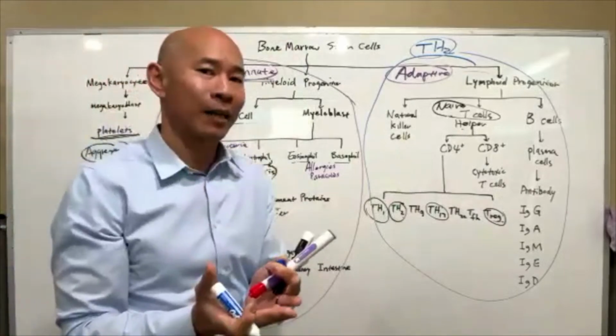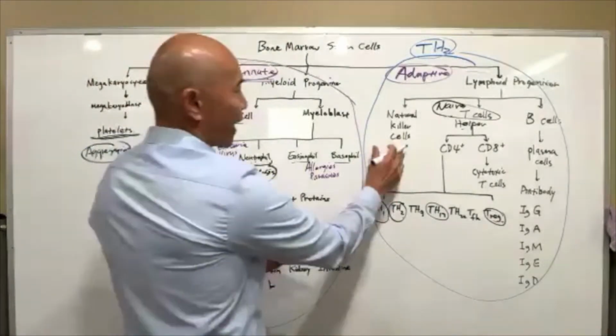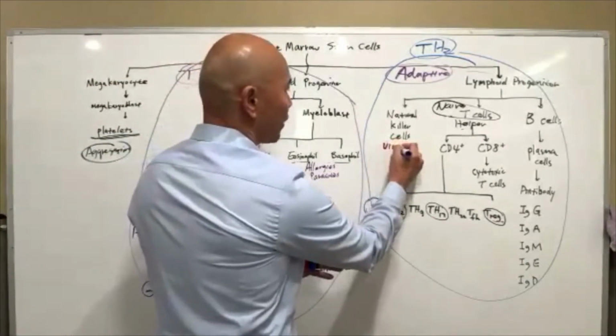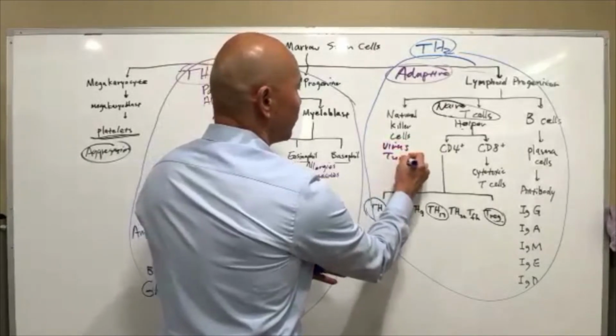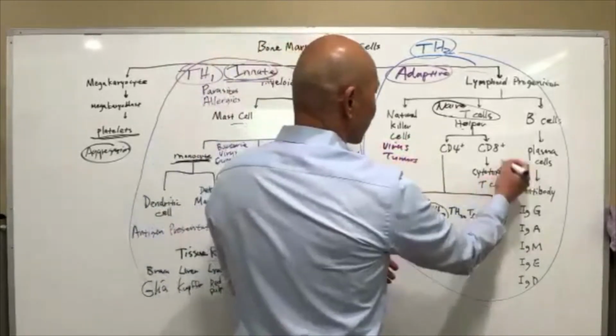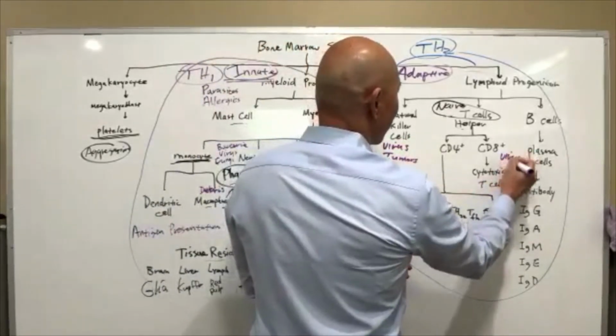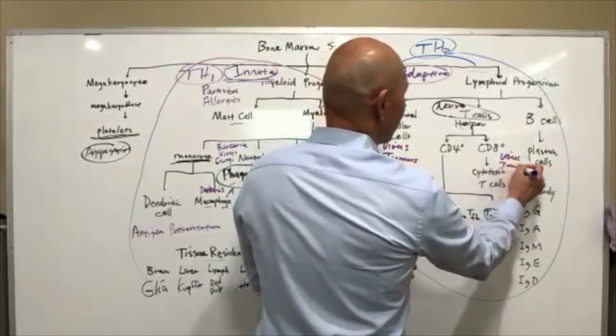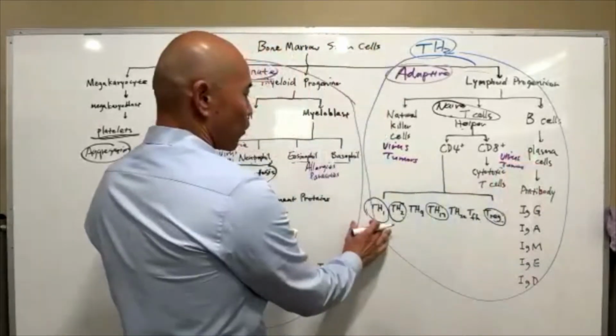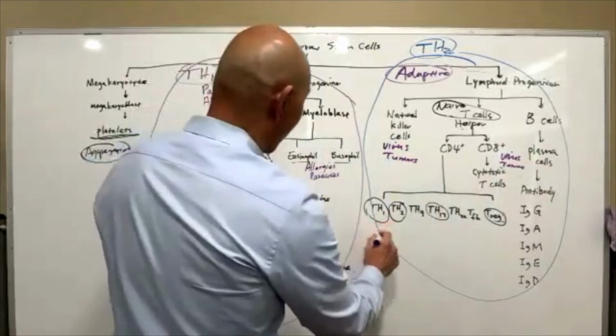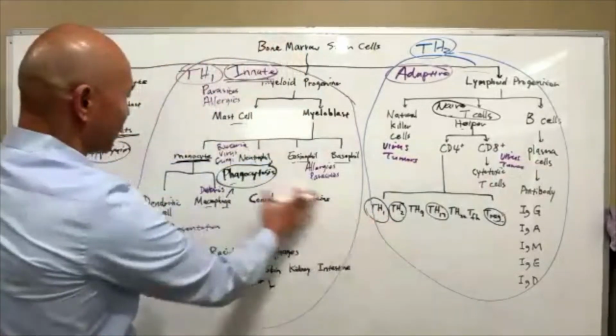Everything's interconnected. So again, natural killer cells, they go after virus, tumors. Same thing with the cytotoxic T cell. They go after viruses and tumors. T helper 1 response, they can go after pretty much anything on this side.